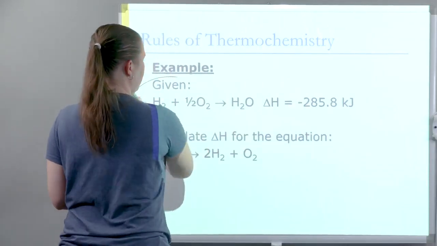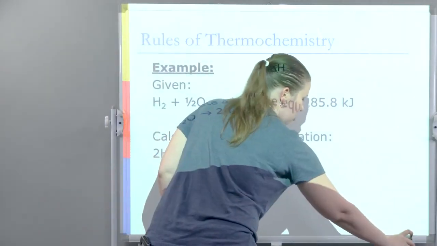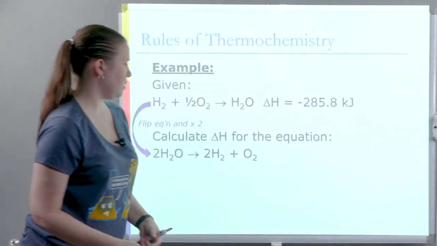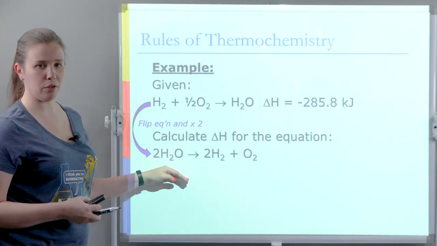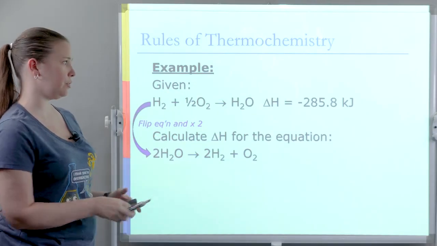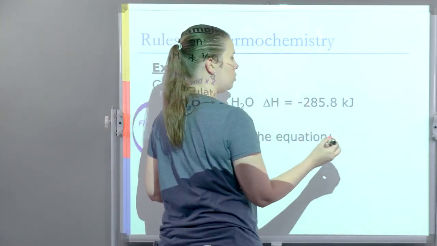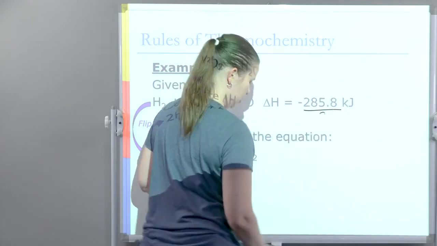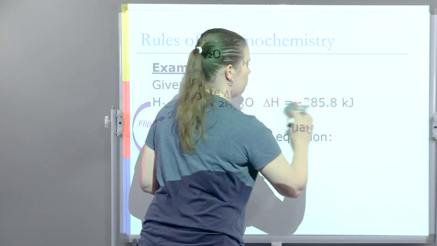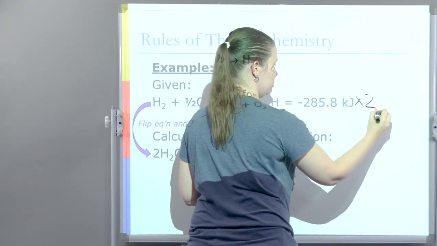So everything that you do to the reaction, you also have to do to the delta H. Because the reaction on the bottom here is backwards and doubled, the enthalpy will also be doubled, not divided by 2, sorry. Will also be doubled, so times 2.